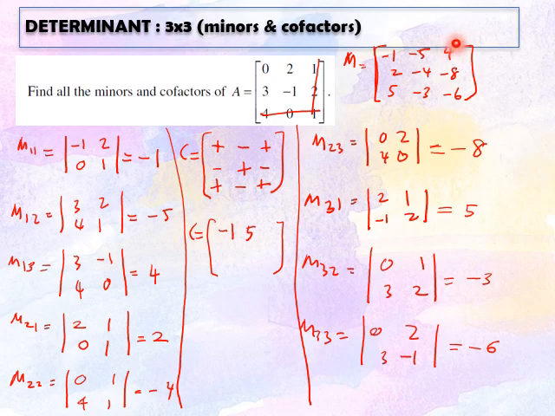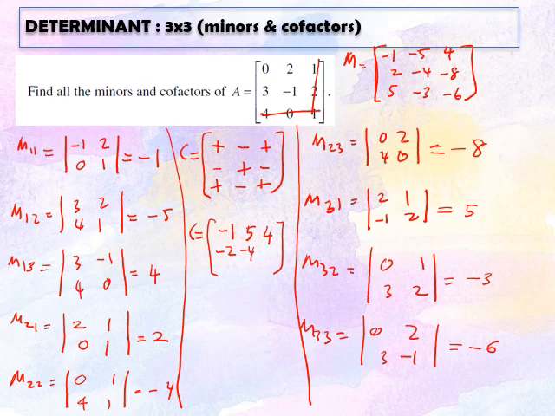Okay, next 4 here. We look here, the position is row 1, column 3. Okay, so it's positive. So we maintain the value. So it's still 4. The same thing for 2 here. Position is row 2, column 1. So it's negative. So you must multiply the original minor by negative. Negative 2, so it will be positive 2. Next is negative 4.